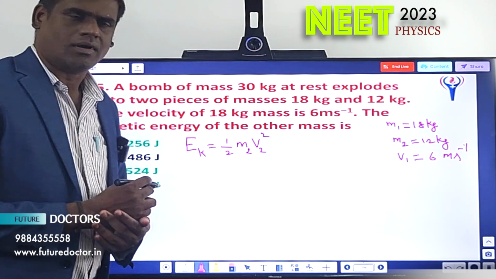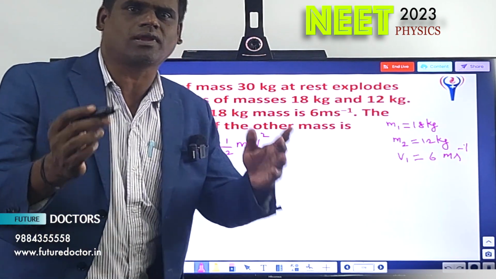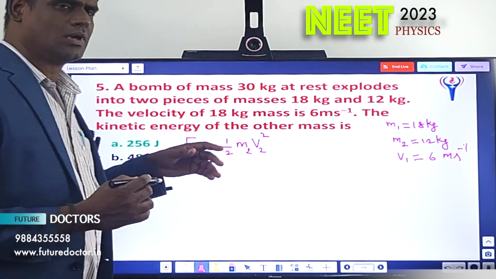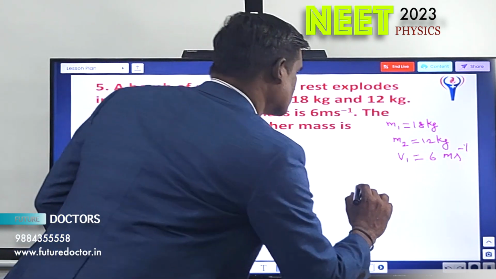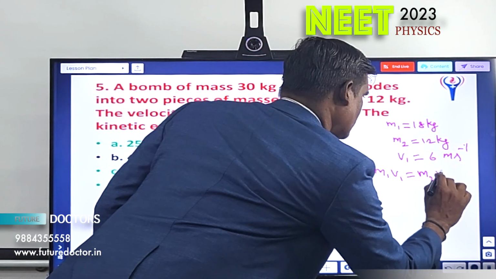What's the formula? By applying the law of conservation of linear momentum, total momentum is constant. That is nothing but m1 v1 equals m2 v2.